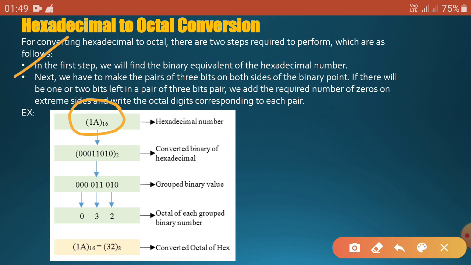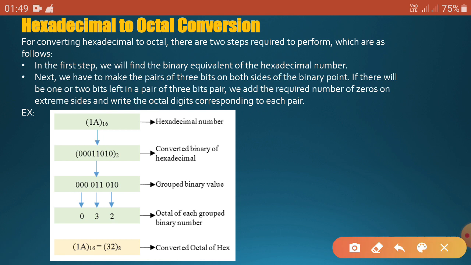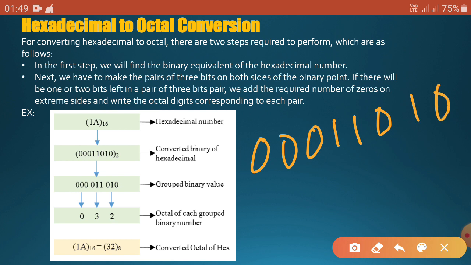Now we write it in groups of 3 digits. For 1 it is 0001, and for A, that is 10, it gives 1010. This is the binary of the hexadecimal number: 00011010.